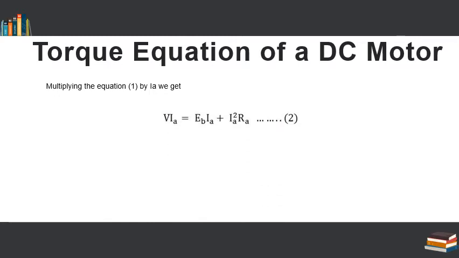Multiplying equation number 1 by Ia, we get V into Ia is equal to Eb into Ia plus Ia square into Ra. Equation number 2, where Ia is called the armature current.